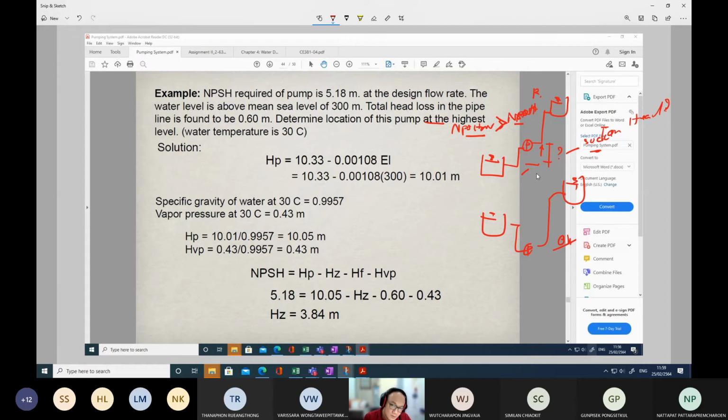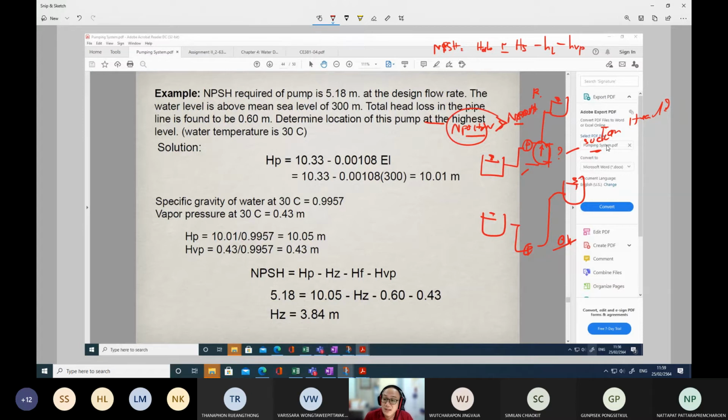But if it's like this, you have to be careful how much higher you can install this pump. The problem is we have to find out the NPSH. NPSH is equal to absolute pressure plus or minus the static suction head, minus head loss, and then minus the vapor pressure.